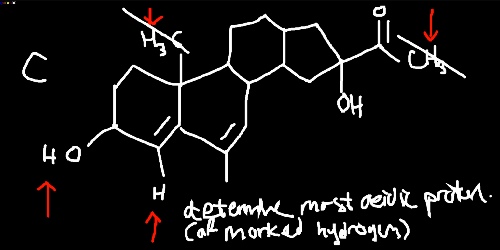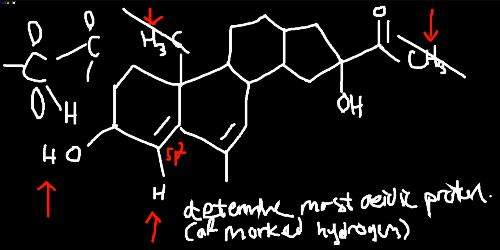This carbon is sp2, so let's mark that down. We have sp2 hybridization. If we draw the structure, we have this trigonal planar structure with the three sigma bonds going outwards. This one is to the hydrogen. And then we have the p orbital, which is above and below the carbon, connecting to another carbon.